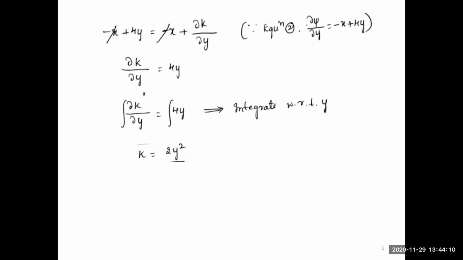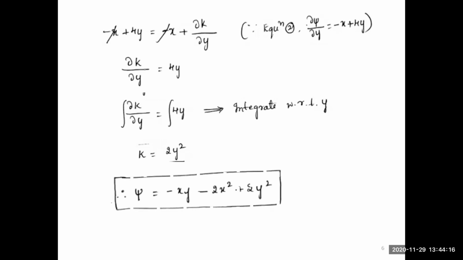So k you will get as 2y square. Now you just substitute this k in equation number 1. So you will get the stream function psi is equal to minus xy minus 2x square plus 2y square. So this is the stream function we have obtained.